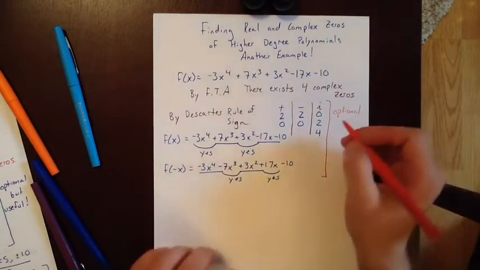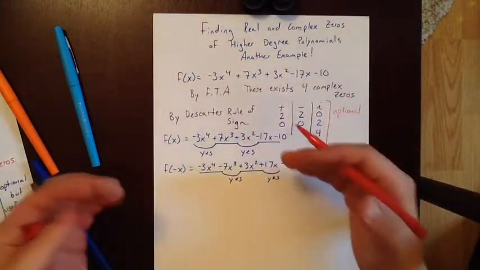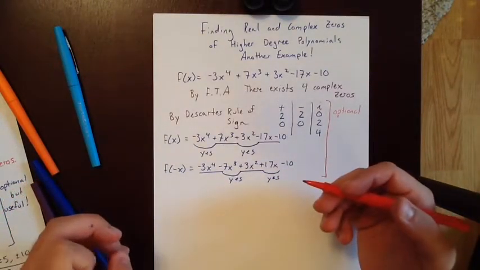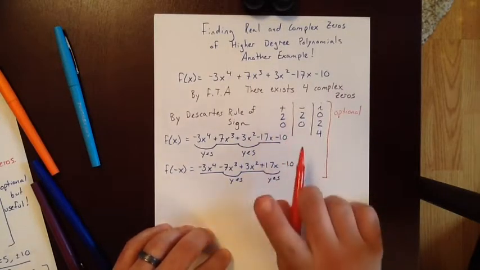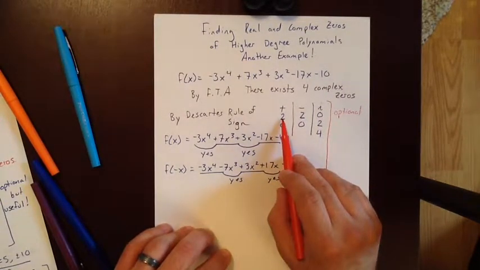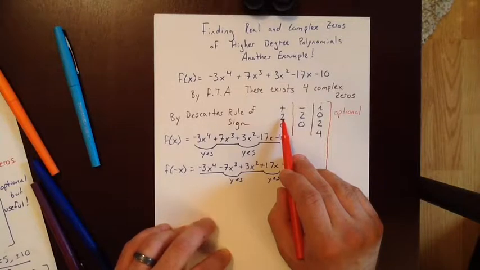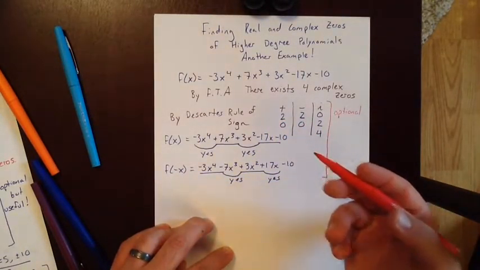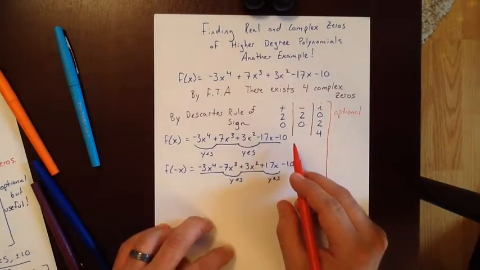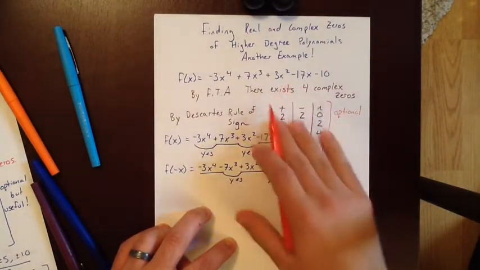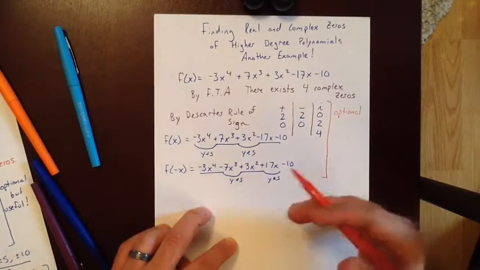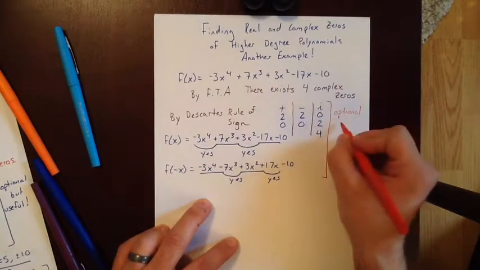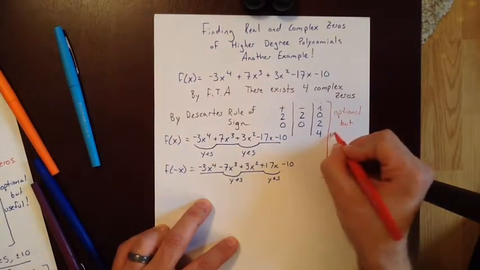And how that's useful is, let's say I go through my next phase and I find a positive 0. Well, if I find one positive 0, I know there must be another positive 0. Or if I find a negative 0, that tells me that there must be another negative 0. So this is how the table is useful to us.